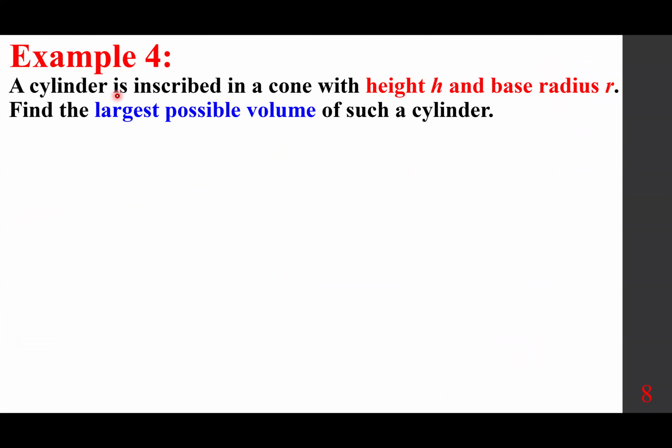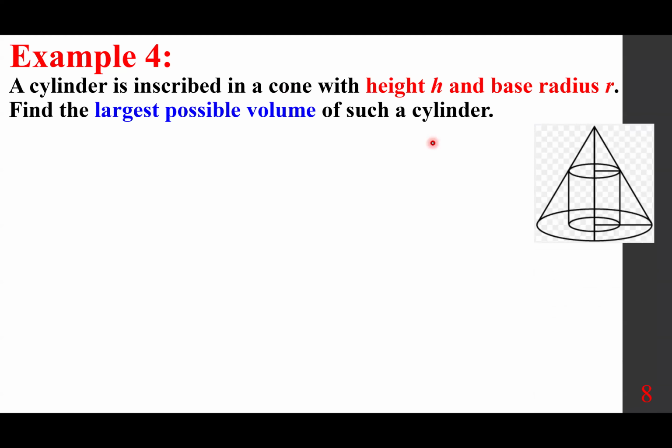A cylinder is inscribed in a cone with height h and base radius r. So the height and the radius of the cone are fixed. Find the largest possible volume of such a cylinder. You have to draw for sure. So the cylindrical shape is inside.